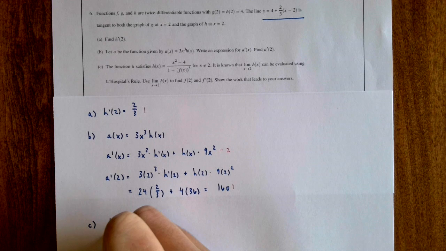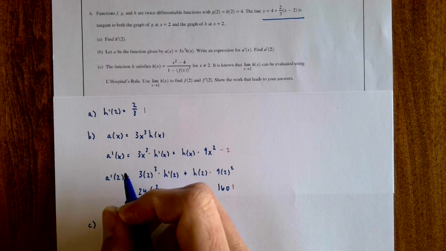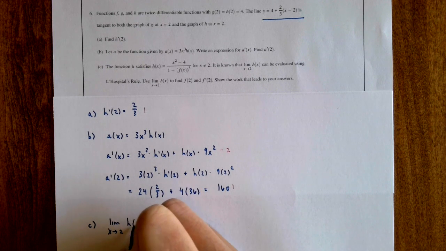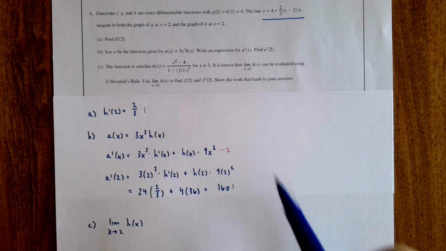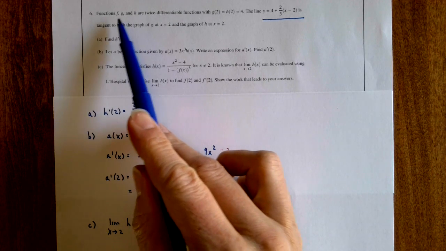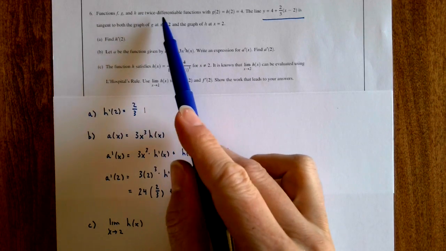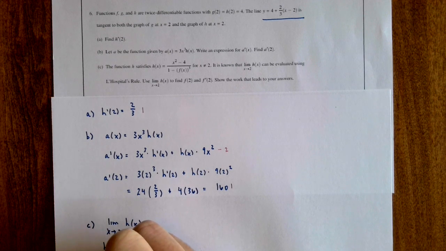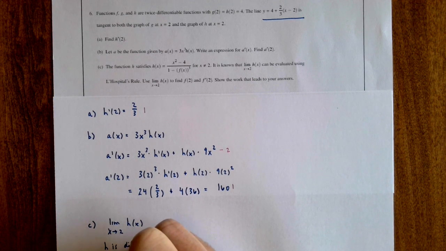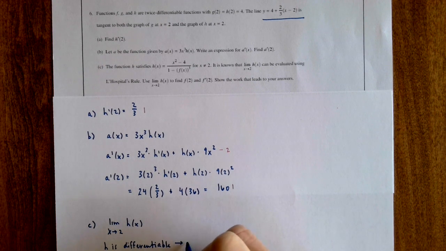So I'm going to start there. The limit as x approaches 2 of h of x. Here I'm going to use something that they told us up above. They told us that these functions, including h, are twice differentiable functions. So I know if h is differentiable, since h is differentiable, h is continuous.